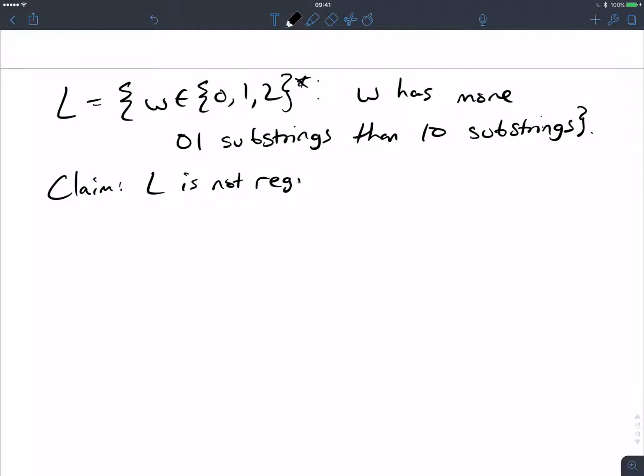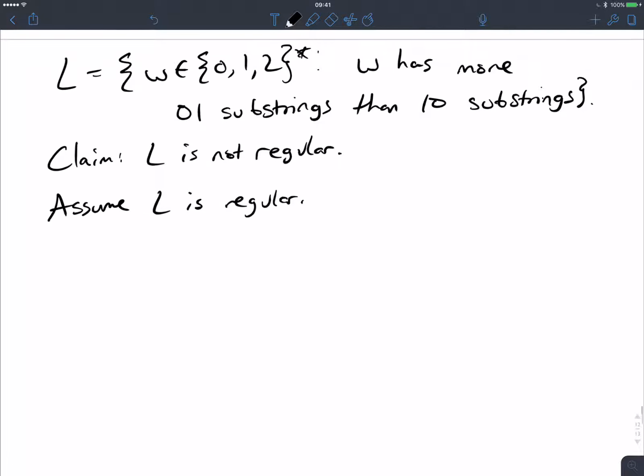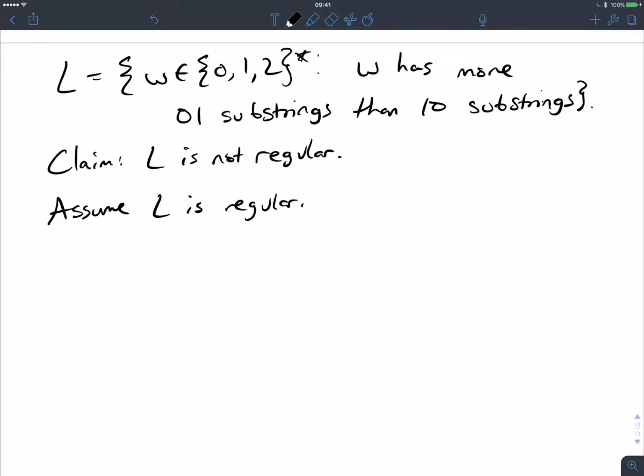Let's see if I can remember the proof. If I want to claim it's not regular, what do I do? Assume it is. Took on a new whole persona there. All right. Assume L is regular, then what?